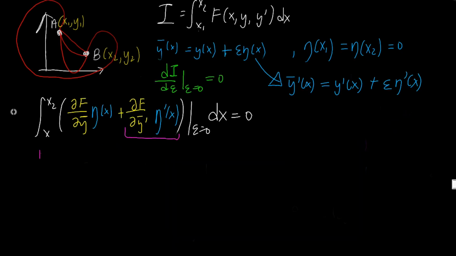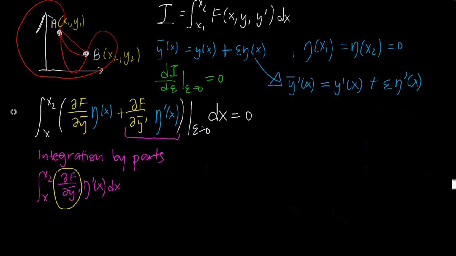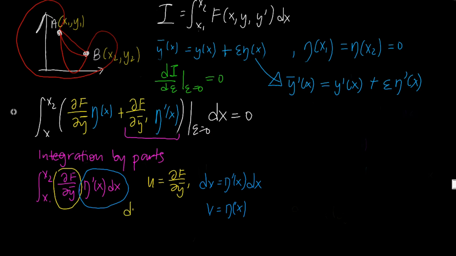Moving on, I'll simplify the hardest part of the integral, which involves an eta prime x, using integration by parts. Here's how I'll set it up. I'll set this to be u, and that to be dv. Then I'll integrate dv to get v, and differentiate u to get du.